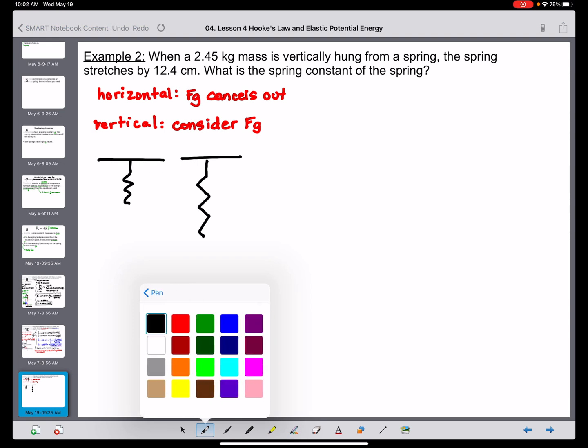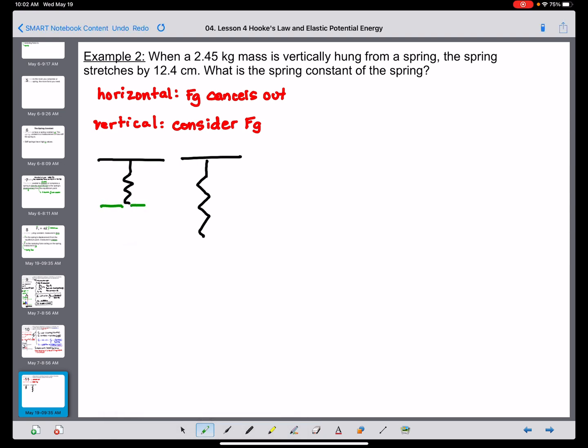So this first position that I drew, that's equilibrium. And then down here, this second position, this is where there's a mass attached to it now. This is where the spring is, and it's telling us that this distance here, this is X, this is 12.4 centimeters.